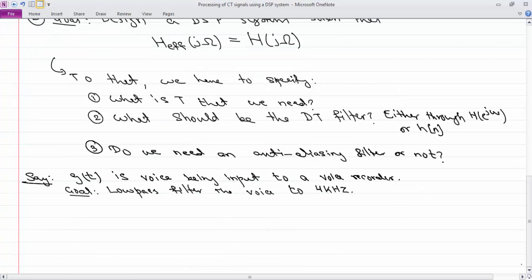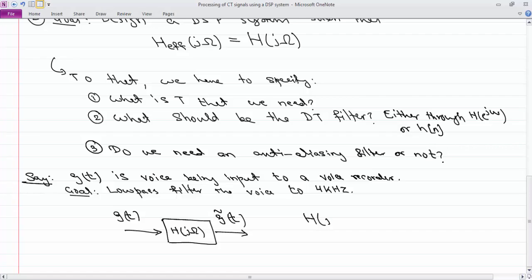So in continuous time, we understand that operation. In continuous time, you have g of t. You are interested in having h of j omega to get back g tilde of t, where the goal of that filter is to low pass filter it.